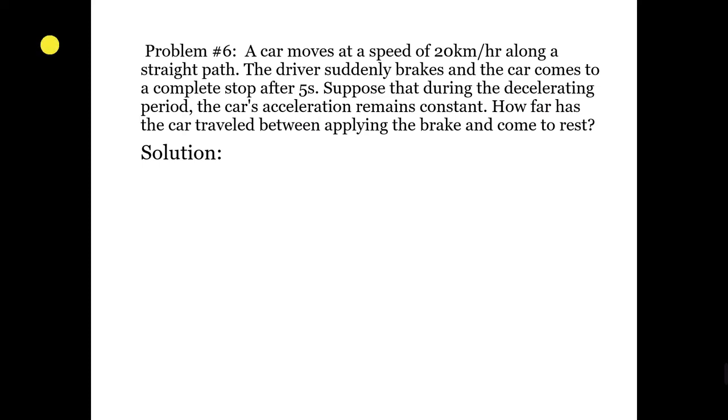In this problem, we can apply the kinematic formula to find the total distance between the braking and resting points. But before we can use this, we need to find the value of the acceleration of the car, because the only given values in the problem are its initial velocity of 20 km per hour and a time of 5 seconds.